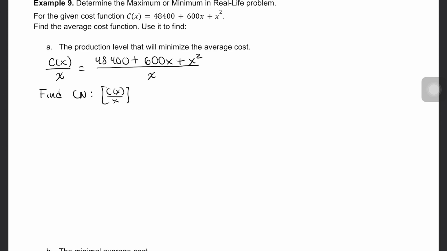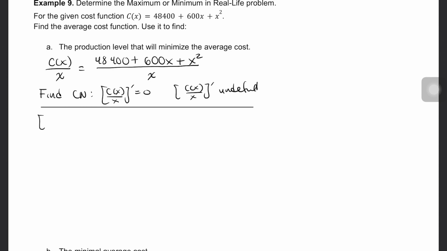That means that we're looking for whenever this is equal to 0, or whenever this is going to be undefined. So let's begin by finding when this is going to equal 0. So let's first find the derivative. Either way, we have to find the derivative.